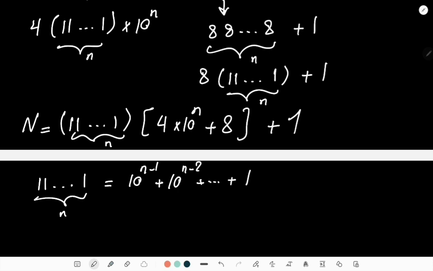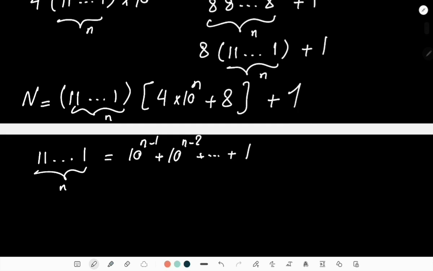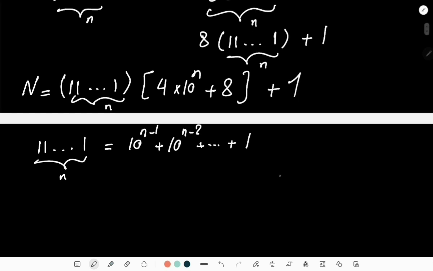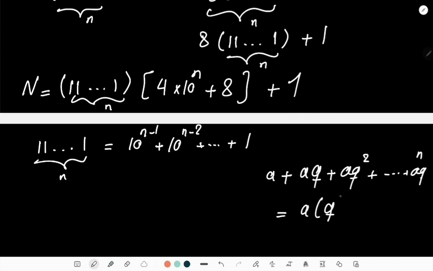And this is indeed a geometric sum, and whenever we have a geometric sum where the first element is a and the factor is q, so we have a plus aq plus aq squared plus some more terms up to aq to the power of n, this becomes a times q to the power of n plus 1 minus 1, divided by q minus 1.